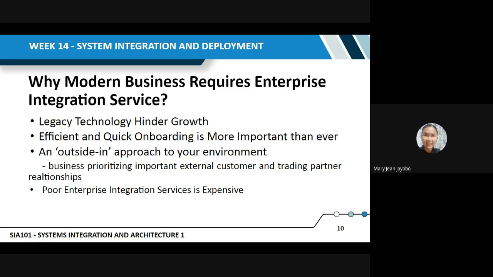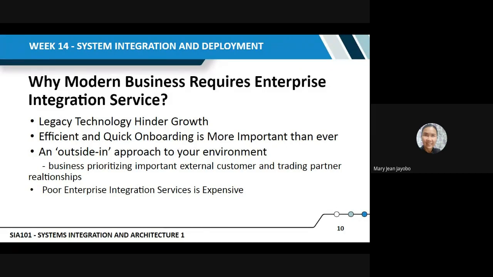So, as a business developer, there are so many challenges and so many requirements before you can build a system or integrate a system for your clients. But of course, that's the work of the IT service provider, di ba?